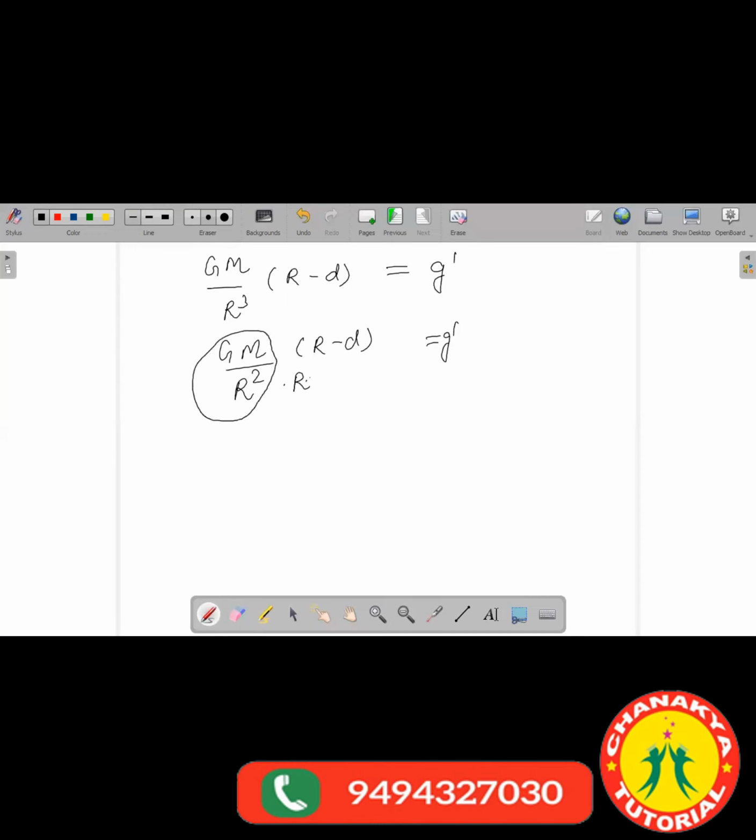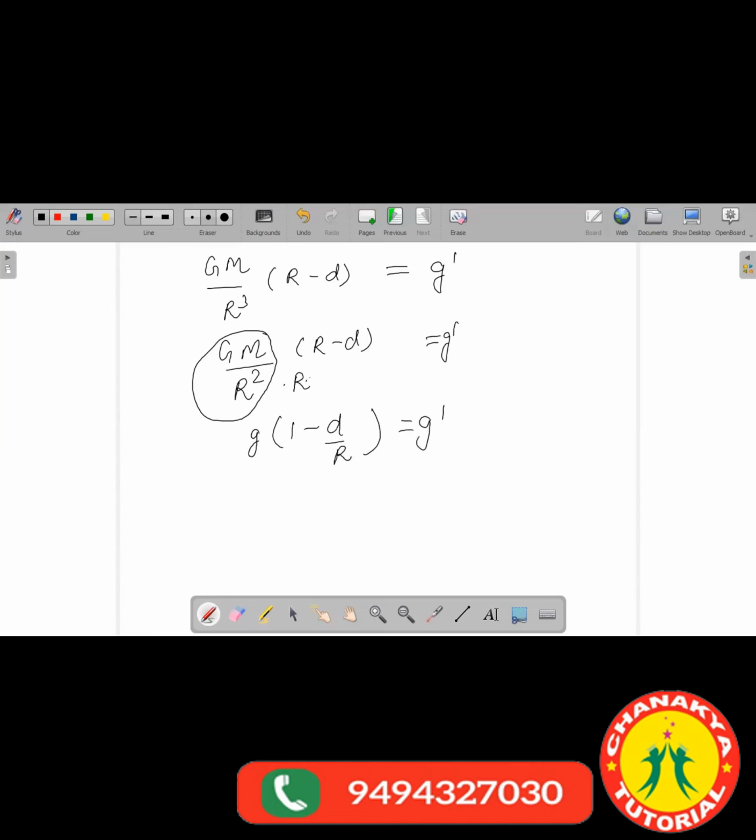What's this value, GM over r squared? G. Yes, this is the value of g on the surface of earth. So we can put here g, and here we'll get 1 minus d by r equals g dash.